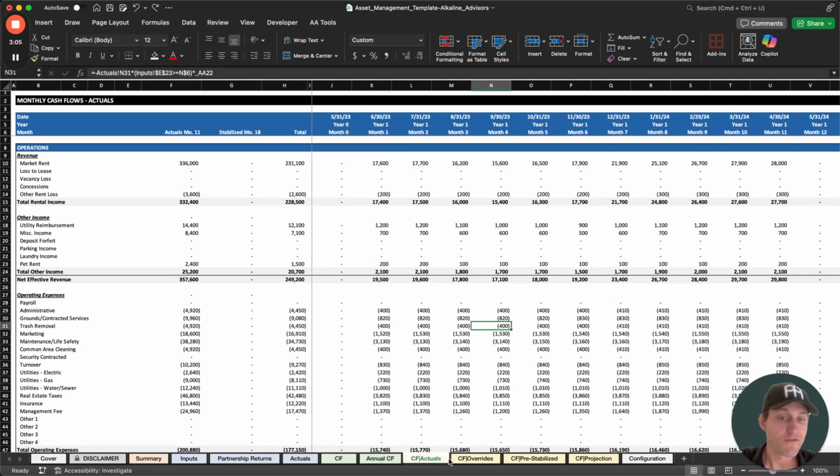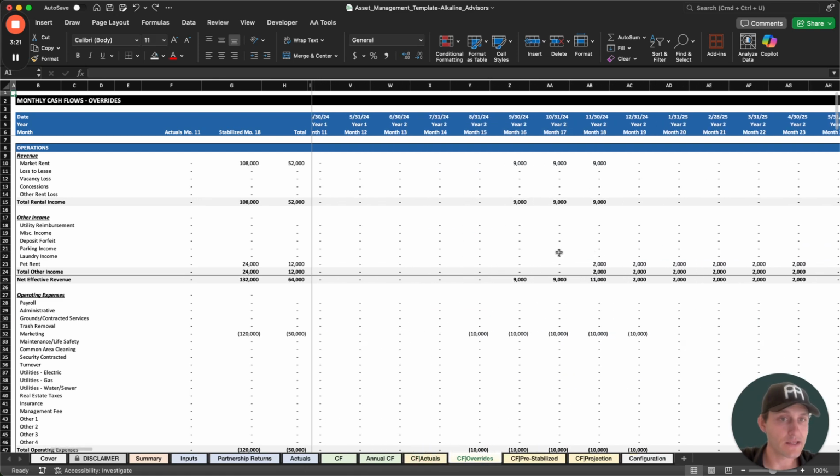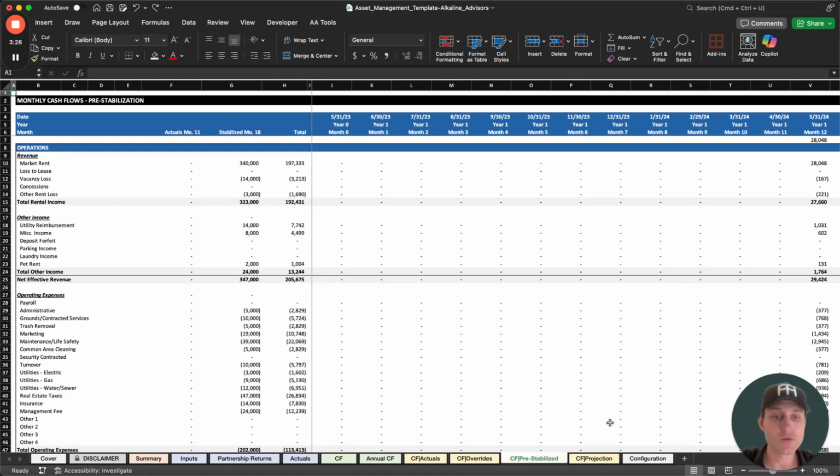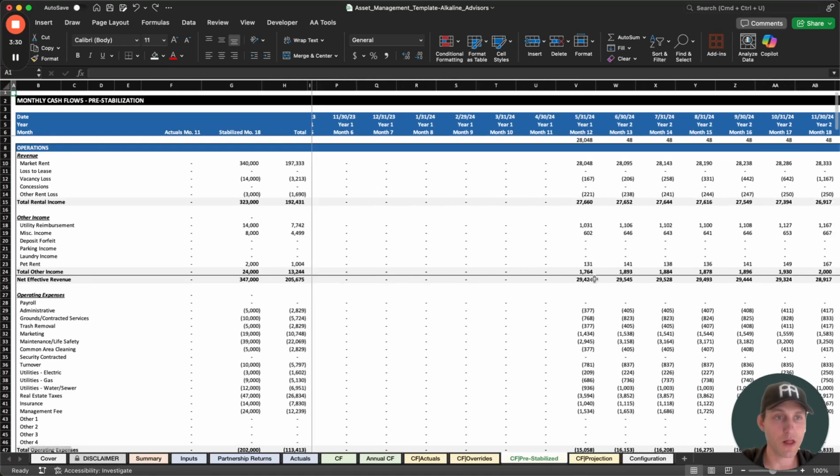Then we have these 4 yellow tabs. These yellow tabs give you an understanding of the cash flows on a monthly basis as to what actually happened. This is going to be almost identical to the Actuals tab. Then we have a Cash Flow Overrides tab, and I'll explain what this is when we dive a little further into the Inputs tab. Next, we have the Cash Flow Pre-Stabilized.